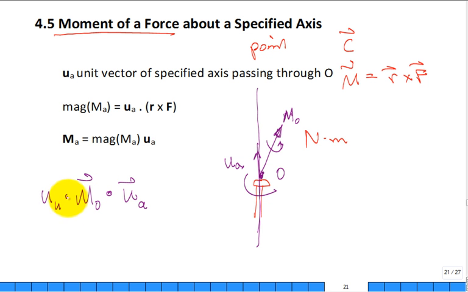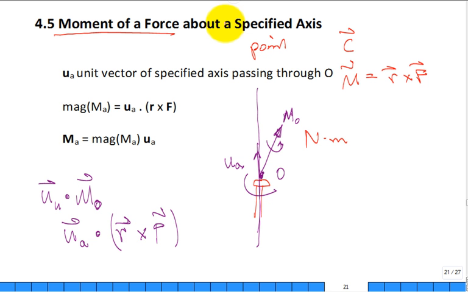So you calculate u_a, somehow you get the unit vector, and dot it with that moment. How do I calculate the moment of some force about a point? Isn't that r cross F? So first you do r cross F, you get the moment, and then you do the dot product.